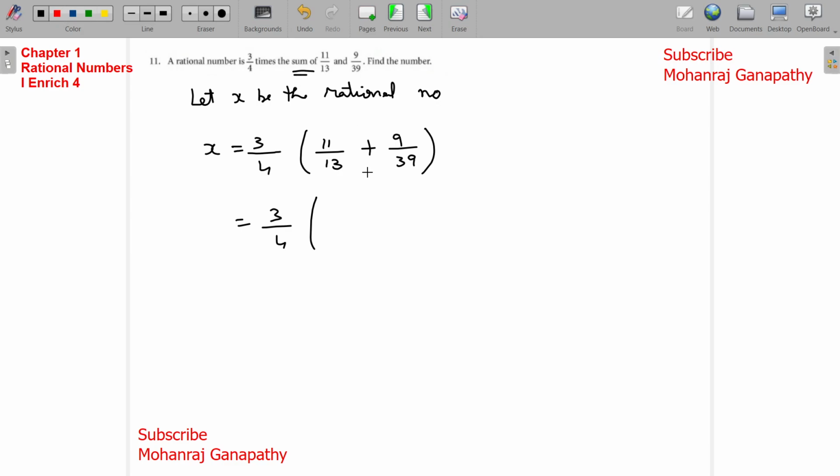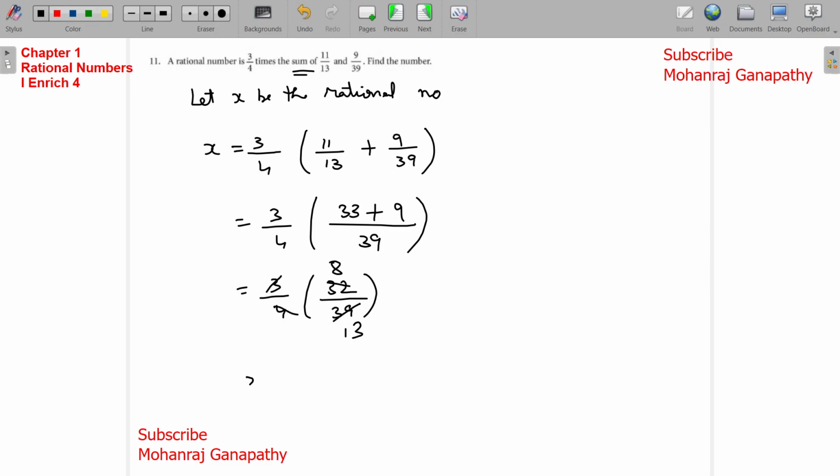Sum means addition. Addition of 11 by 13 and 9 by 39. So LCM is 39. 13 into 3 is 39. 11 into 3 is 33 plus 9. 3 by 4 into 32 by 39. 4 8s are 32. 3 into 13 is 39. Therefore, the number is 8 by 13.